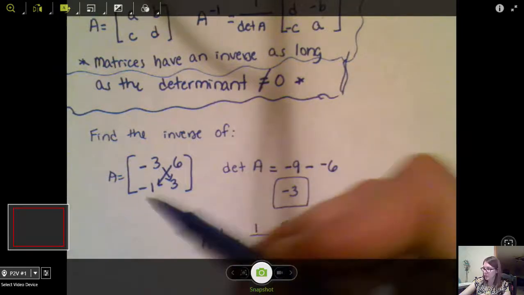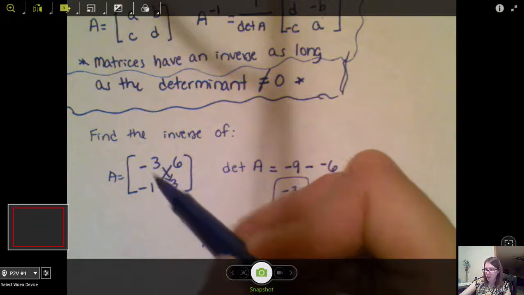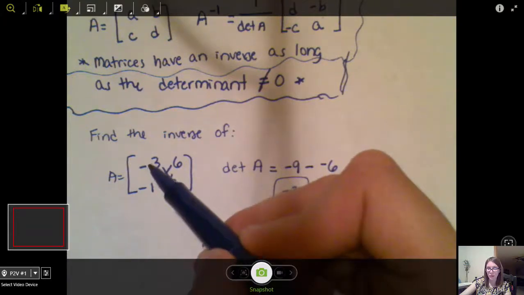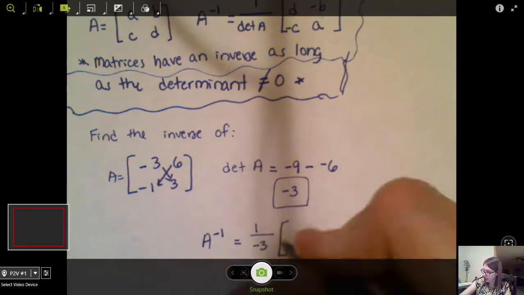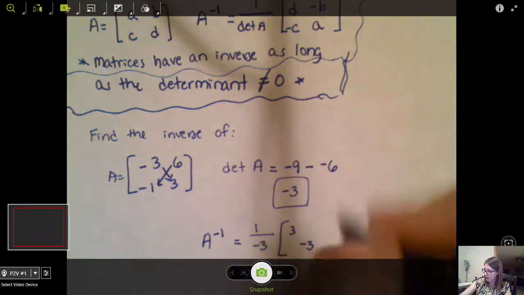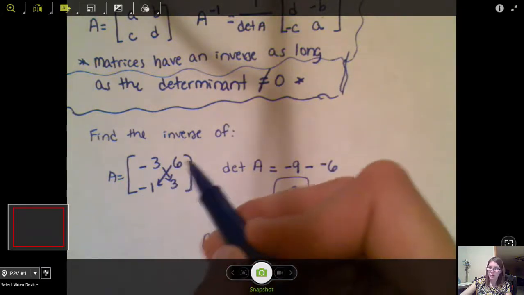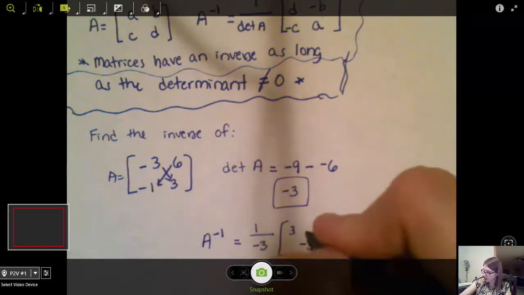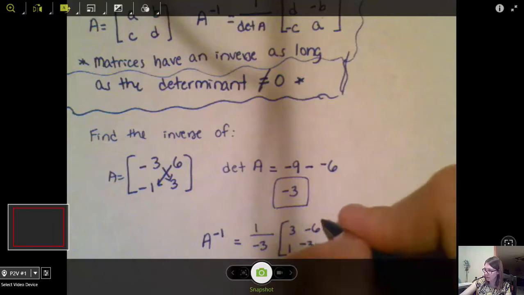And then, what goes inside my matrix here, my diagonal starting at the top left going down, these numbers swap. So I have positive 3 in the top left, negative 3 in the bottom right. And then my remaining numbers, the signs switch. So this is negative 6 and positive 1.